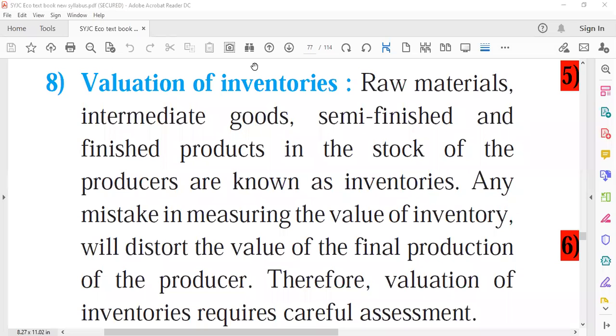But we do not have any exact record of such stock which is kept by the producer. It is difficult to estimate the value of inventories. So how much was produced and what their value is, that is difficult to calculate, and therefore it is very difficult to calculate the exact value of national income.